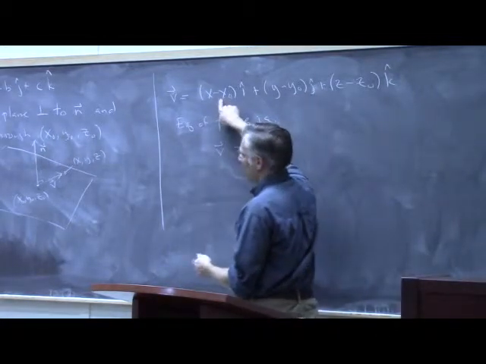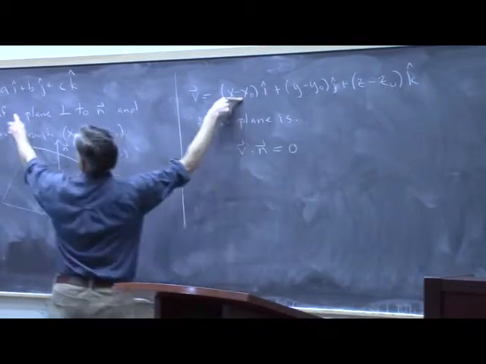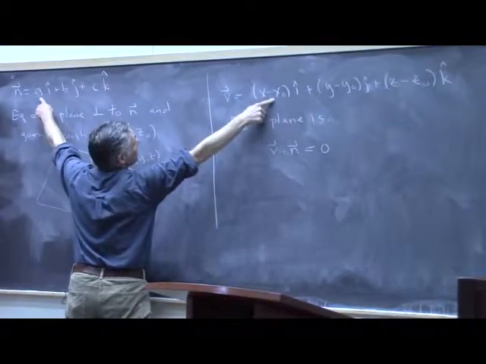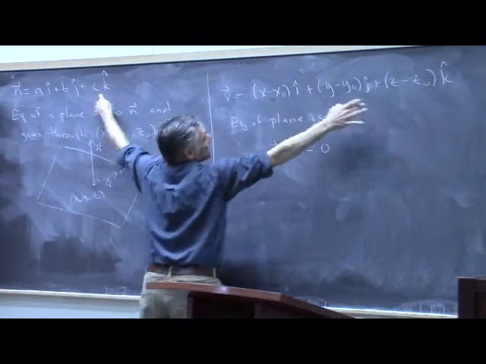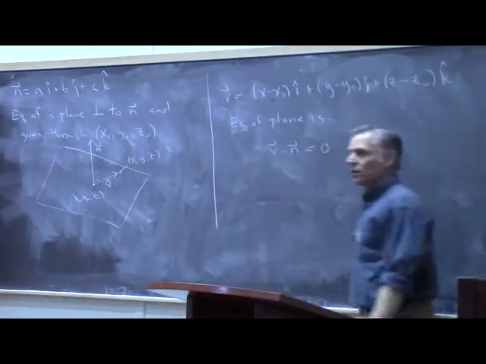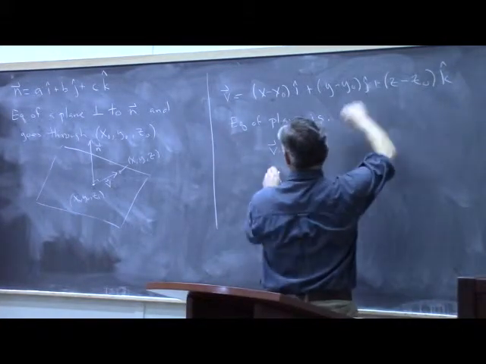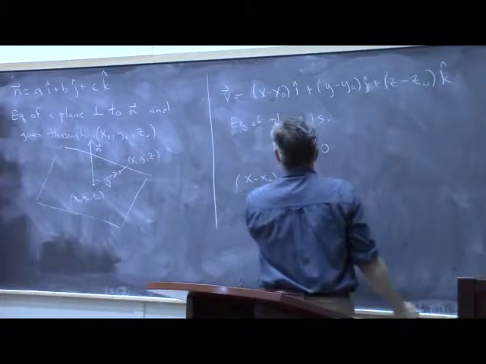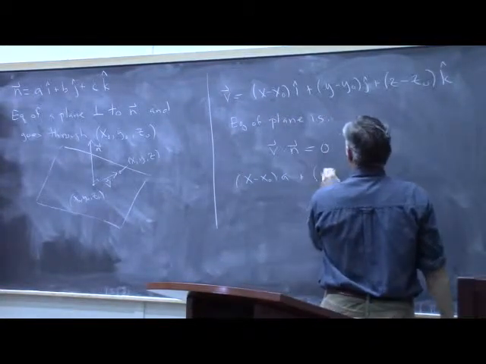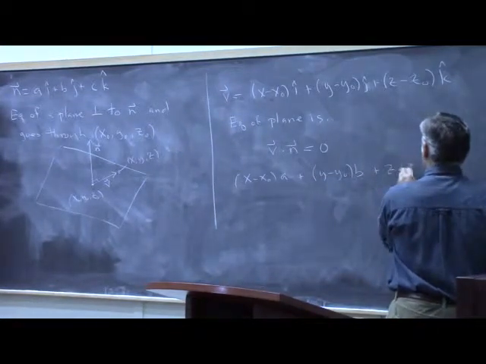If I multiply the x's, that's this. If I multiply the y's, that's that. The z's, it's that. I'm trying to save a little bit of chalk and not write this all out. So what I'm saying is this is going to be x minus x naught times a, y minus y naught times b, z minus z naught times c.